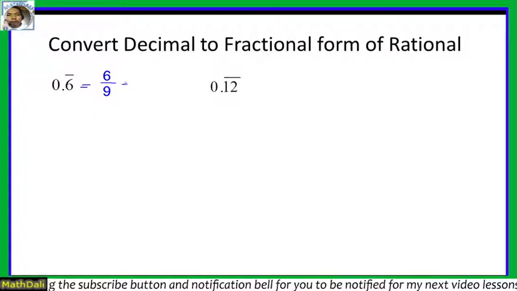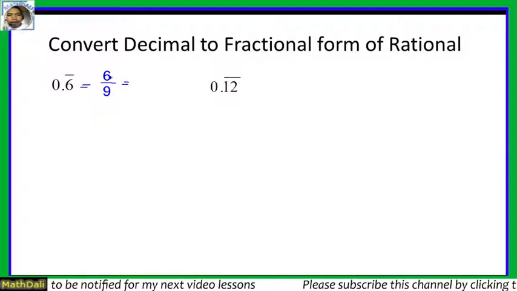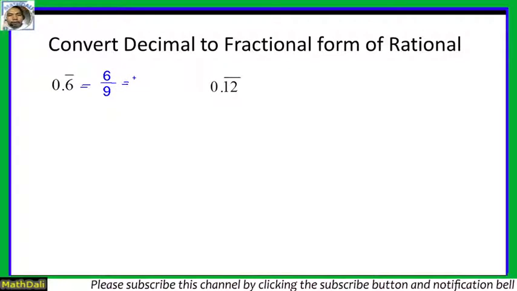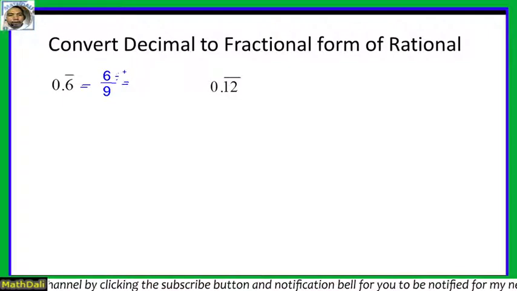Okay, so that will be equal to, yan, lowest term natin dito, ito. Ano yung GCF ng 6 and 9? So, identify natin ano yung mga factors ng 6 at saka factor ng 9. Since both of these are divisible by 3, pwede nating divide to both by 3. So, divide natin to both numerator by 3.